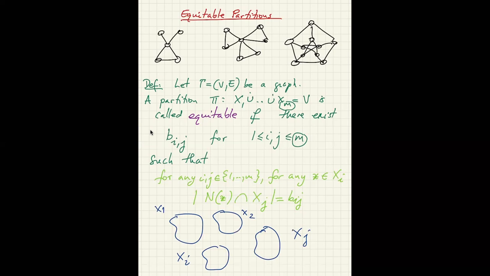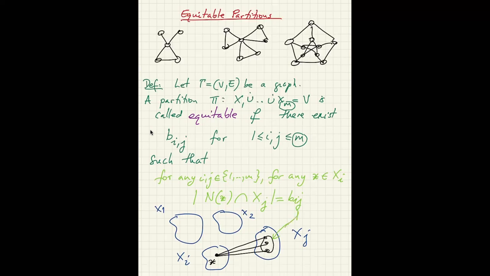They depend only on the parts, on the 1, 2, 3, ..., m, or X1, X2, ..., Xm. Whenever you give me a vertex x here, and you look at the number of neighbors that it has that live in Xj, that number is this number bij.